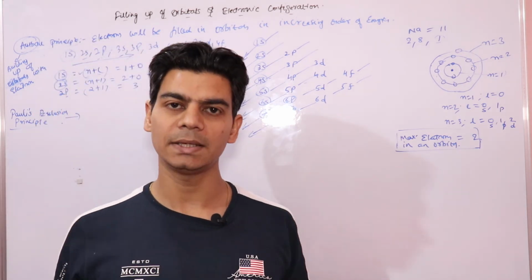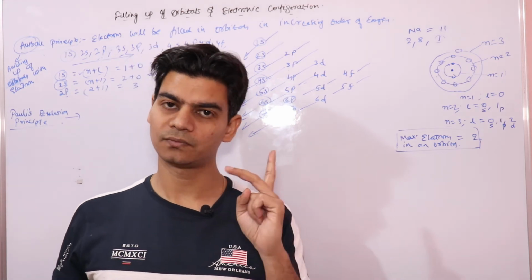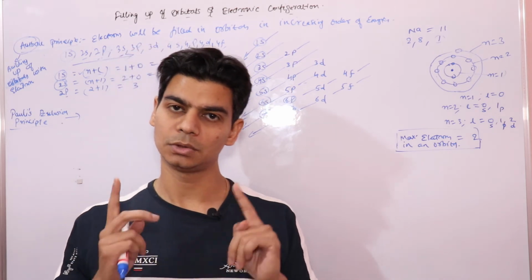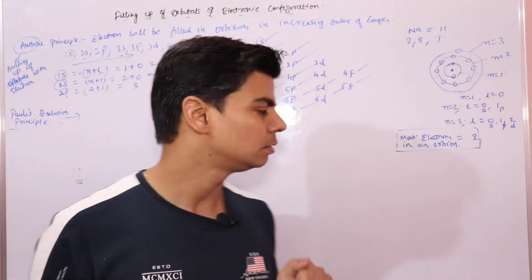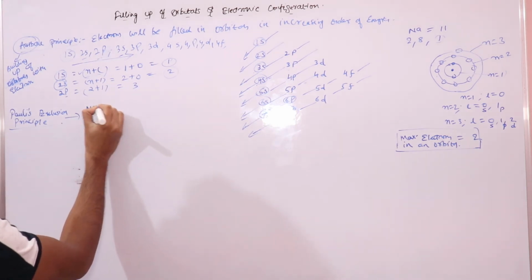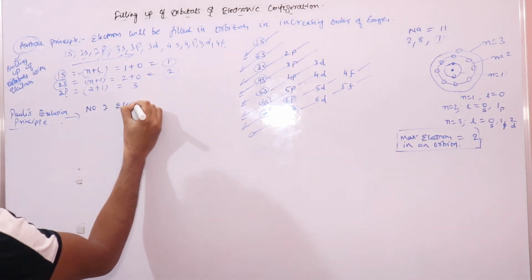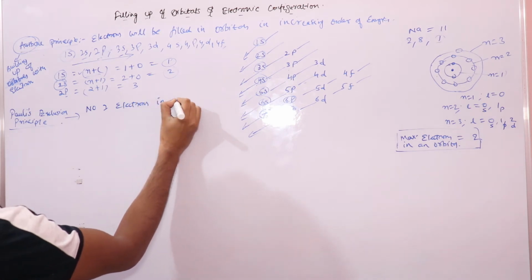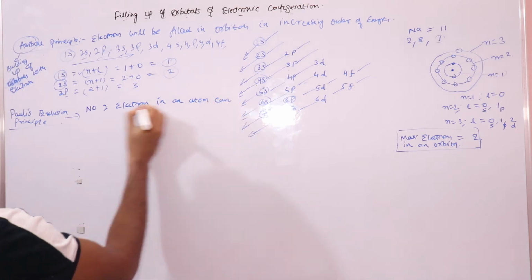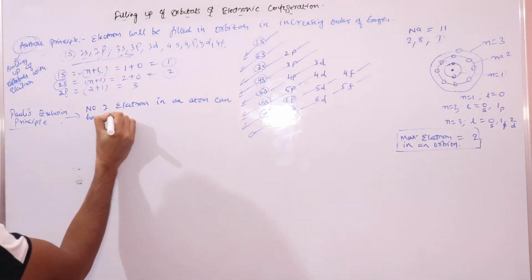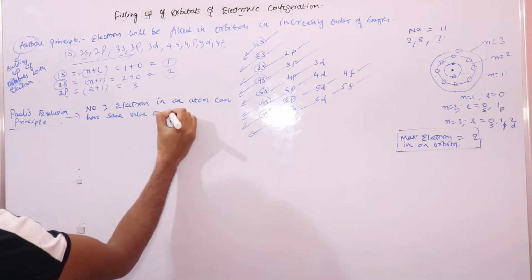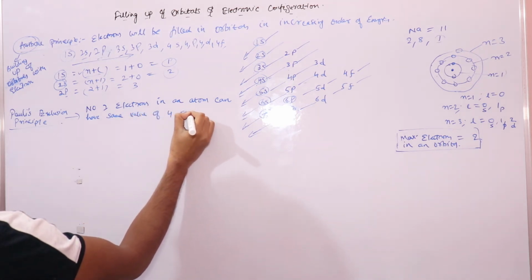So in any case, the value of the spin quantum number would be different for the two electrons in the same orbital, right? So as per Pauli's exclusion principle, no two electrons in an atom can have the same value of 4 quantum numbers.